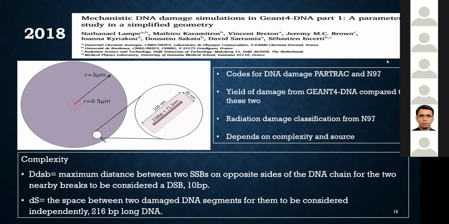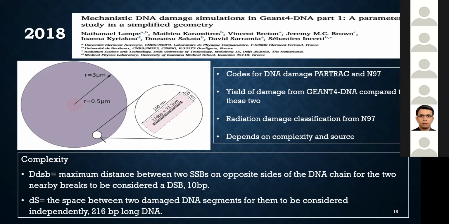And here I'm going to explain more how we define the DNA damage when we are doing the simulation. First of all, we must know that there are other codes dedicated to simulating, to modeling DNA damage, like PARTRAC. And also there are other studies that make their own simulations, like the N97.